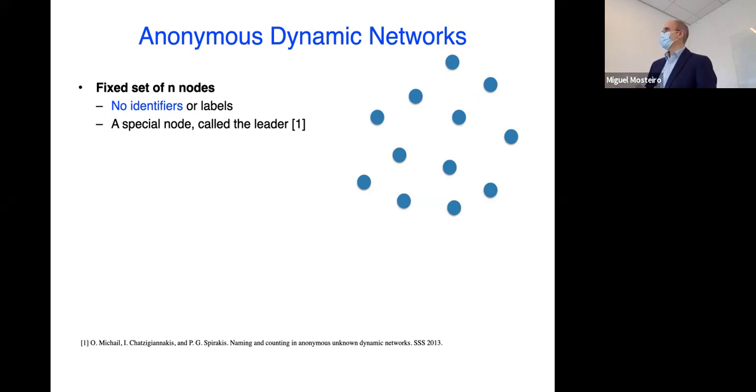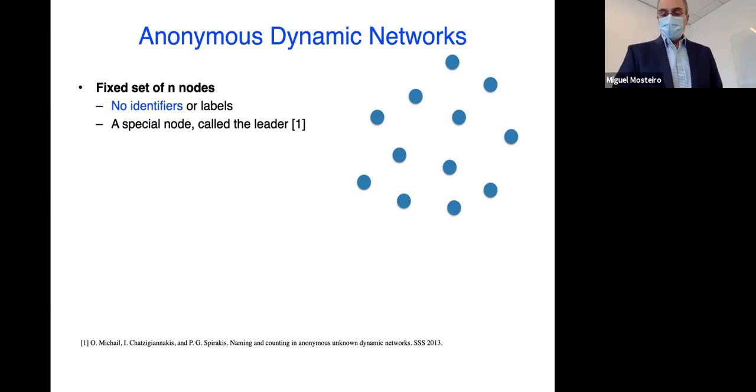So in this model, we assume that the nodes are all identical, except for one special node, which we sometimes call the leader. This was shown in 2013 by Michail, Chatzigiannakis and Spirakis in a seminal paper on this topic: we cannot solve the counting problem deterministically without a distinguished node.